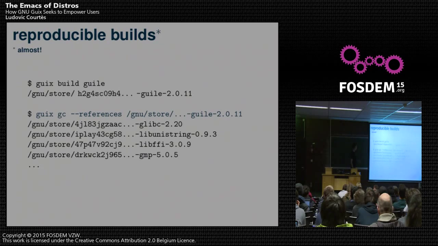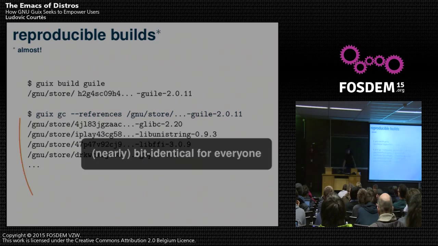So you can query the references. And normally, if you take any two users building Guile from the same Guix recipes, they get nearly binary identical binaries, right? I say nearly because there are always sources of non-determinism in package build systems.